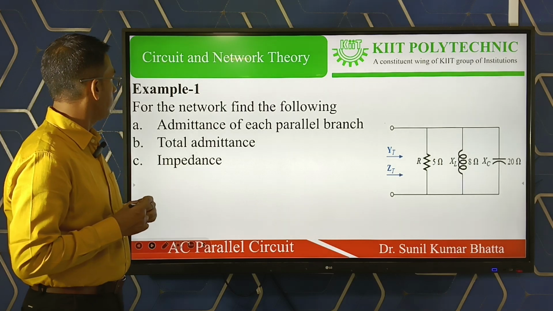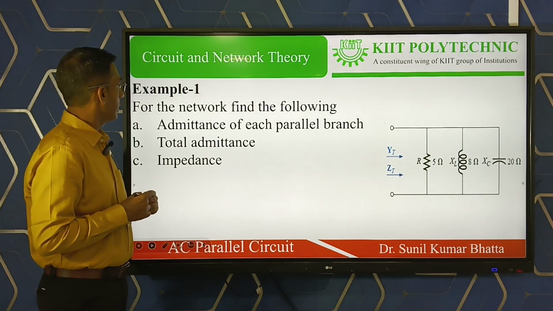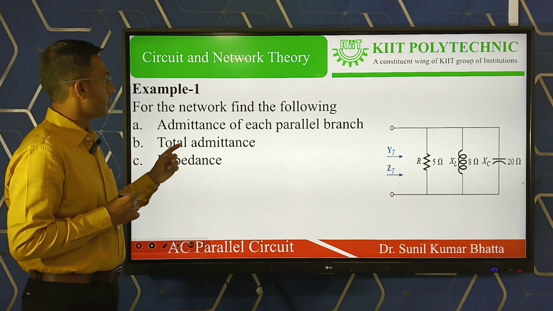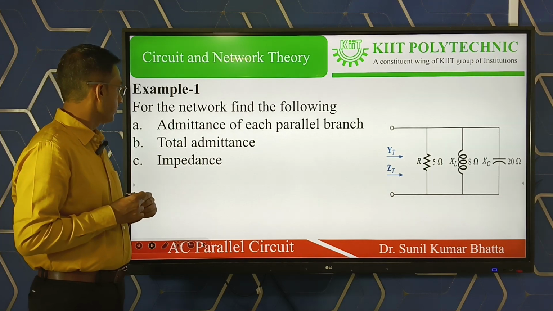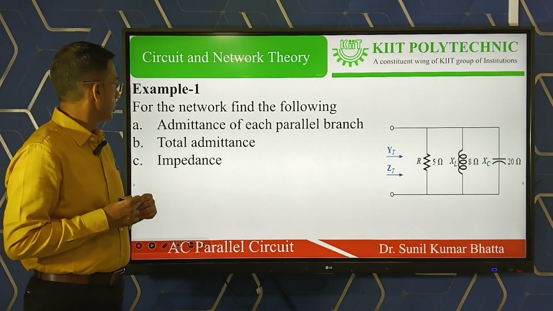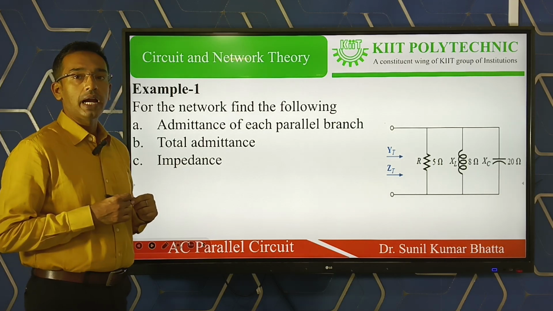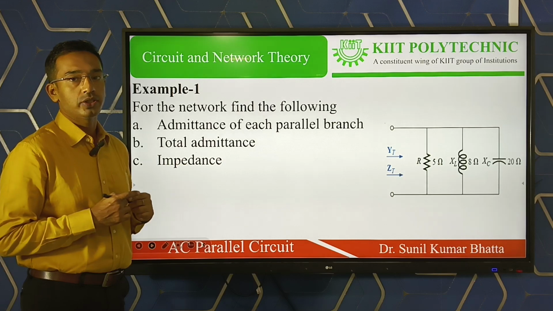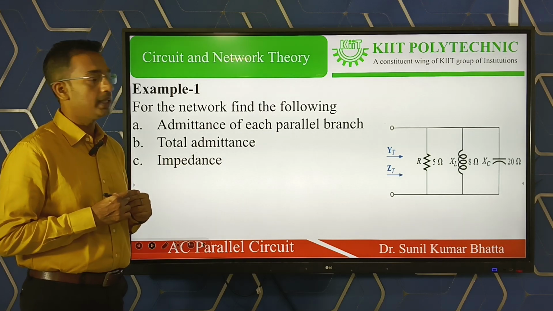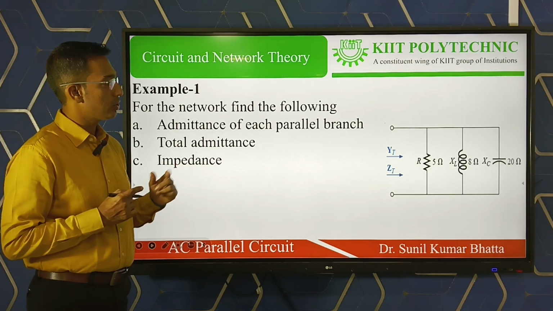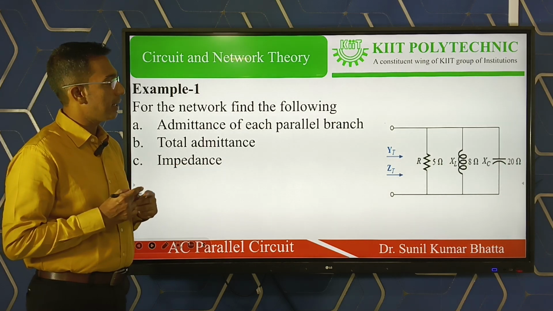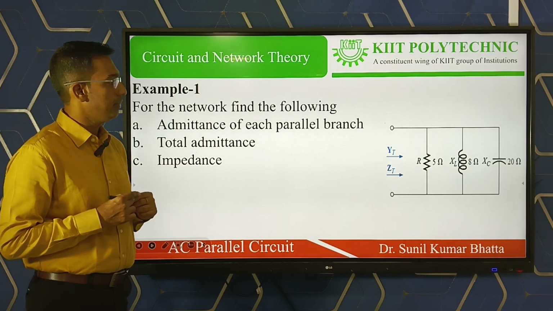In this problem, the question asks us to calculate the following: first, the admittance of each parallel branch, second, the total admittance, and third, the impedance. So we will calculate the admittance of each parallel branch. Three parallel branches are present: the first contains resistance, the second inductive reactance, the third capacitive reactance.